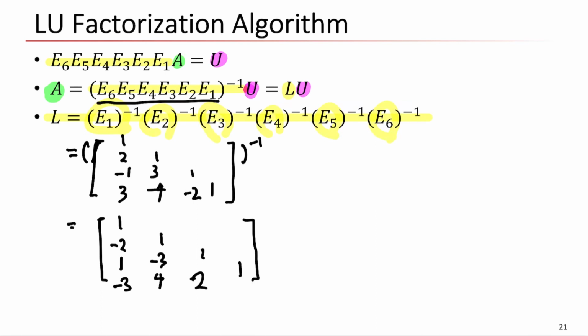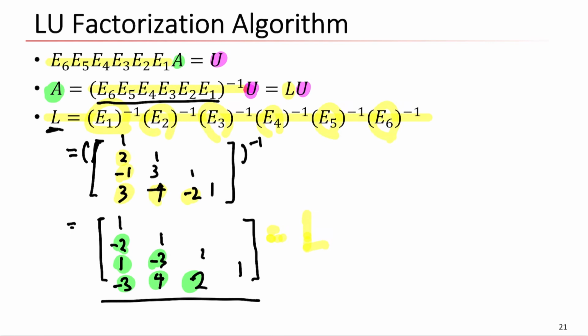Okay, so from the relationship between these matrices, we can easily find the matrix L like this. So finally, this is the matrix L. This is the procedure to estimate the matrix L.